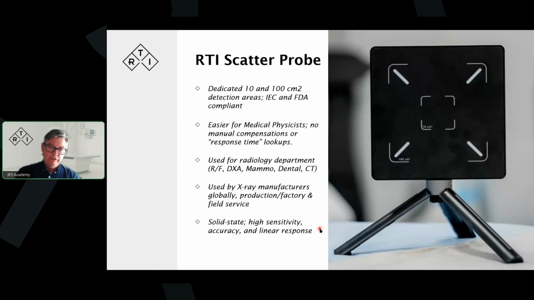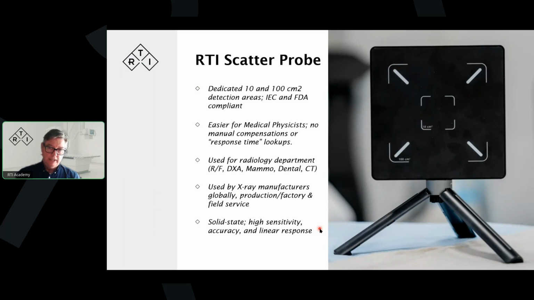The benefit here is that there's an automatic energy compensation in the scatter probe. That means that we don't need to worry about what the mean energy is, because that is worked out by the scatter probe itself. It has a wide range of operation.